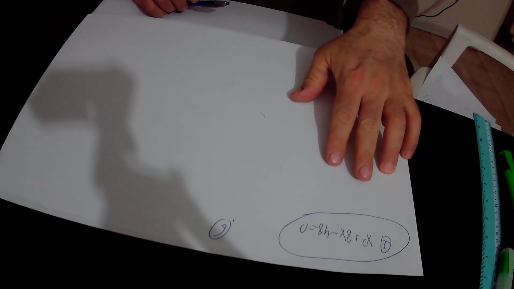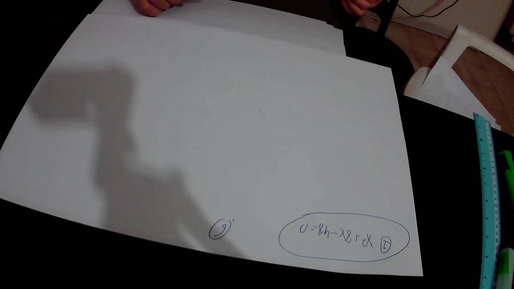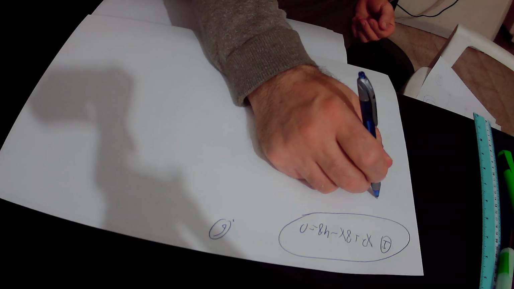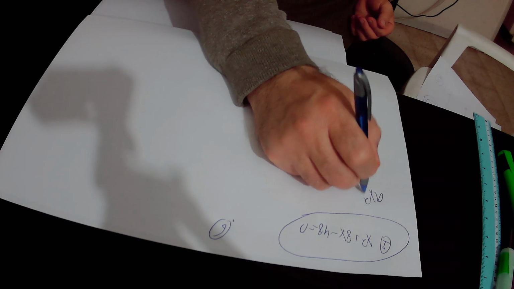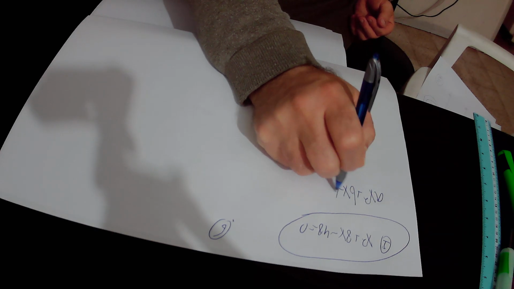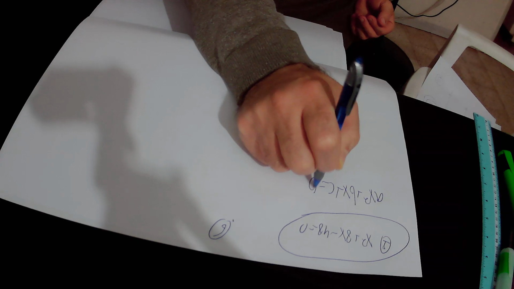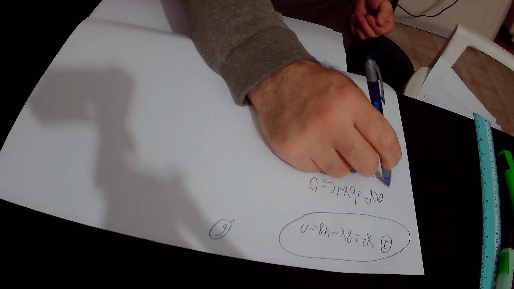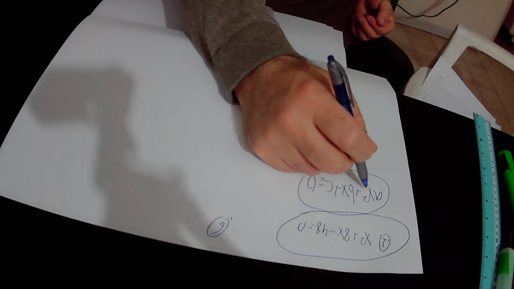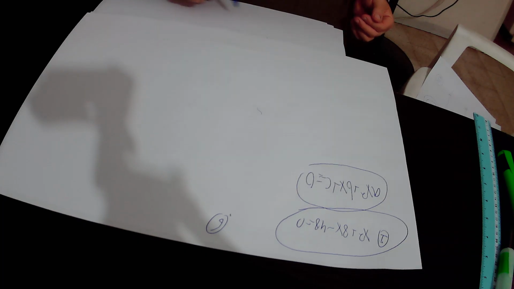So this is a quadratic equation, and the general formula for a quadratic equation is ax squared plus bx plus c equals 0. In this general formula, a, b, and c are the coefficients of this quadratic equation, and x is the variable that we are looking for.